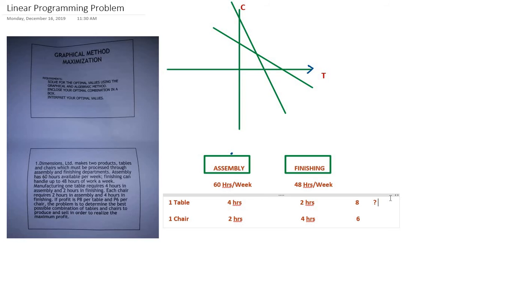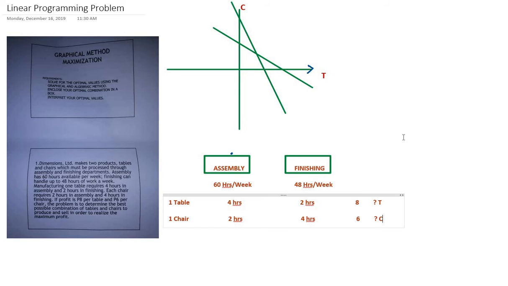Let's say I'll produce T number of tables, and how many chairs should I produce so that I get the maximum profit, right? So this is the problem.